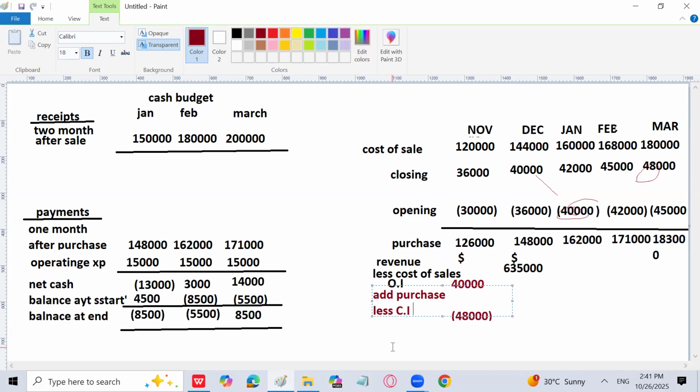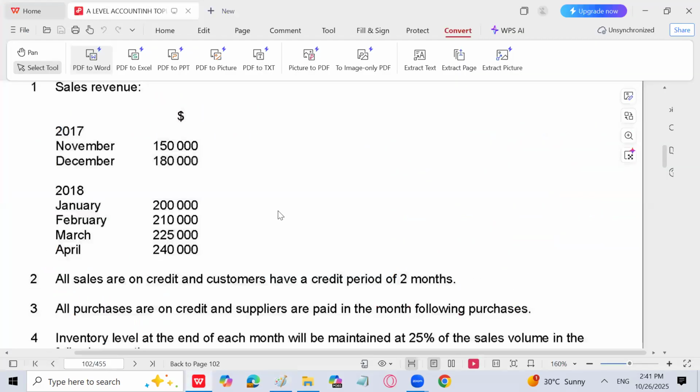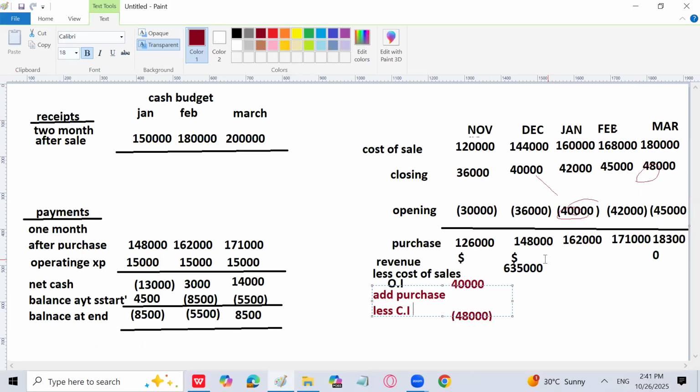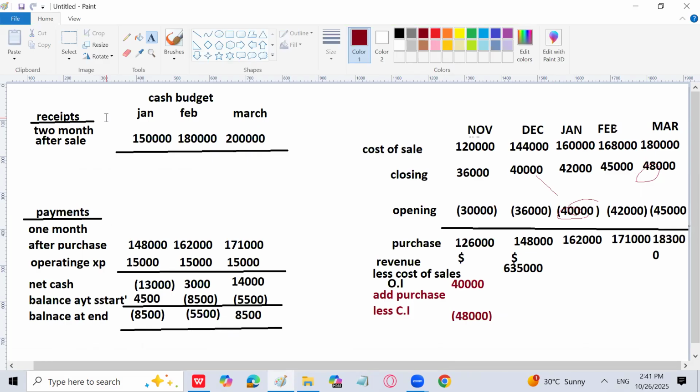So purchases, I will take regular purchases from the question. But where are the purchases? We don't have. Oh, we have calculated purchases here. So I will take purchases for January, February, and March. That's why I have calculated the purchases for March. Remember now? That is the reason that I have calculated the purchases for March, because I have to write it down. I have no other choice.